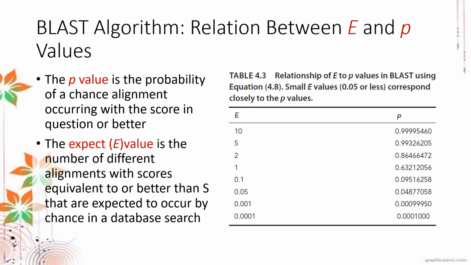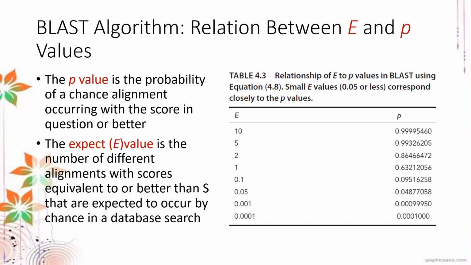So if you want a narrower, more significant search, we can use 0.001 or 0.01 for a lower probability. Basically, probability has something to do with the alpha values. This is how you interpret the p-value in statistics.